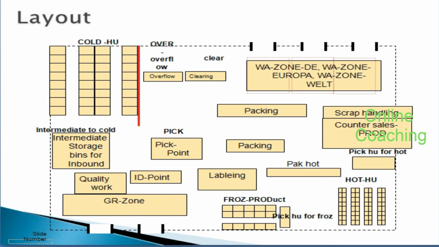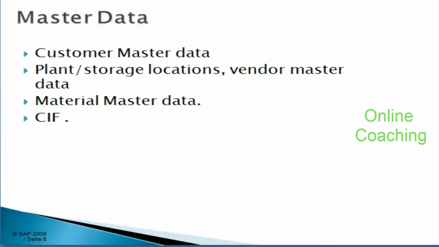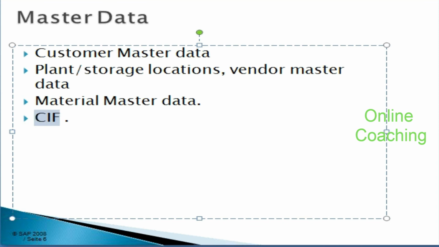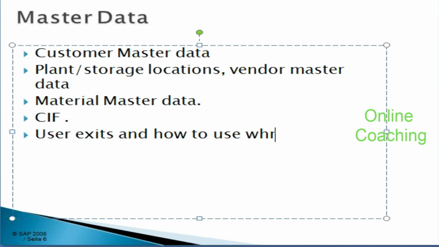After that is done, before you start your warehouse operations, we'll distribute some of the data like material master and the plant and all those things through SIF. Then we'll see what the user exits are, and how and where to use them in the master data.